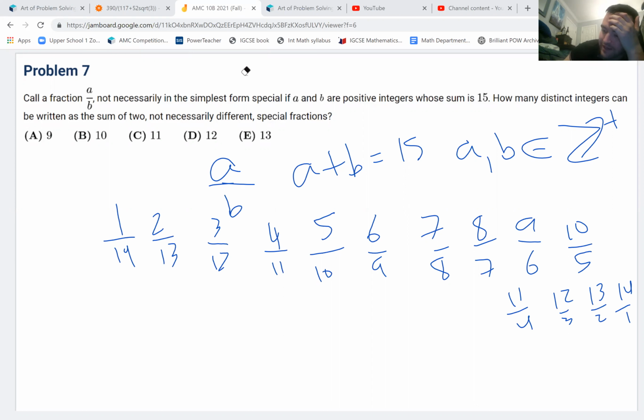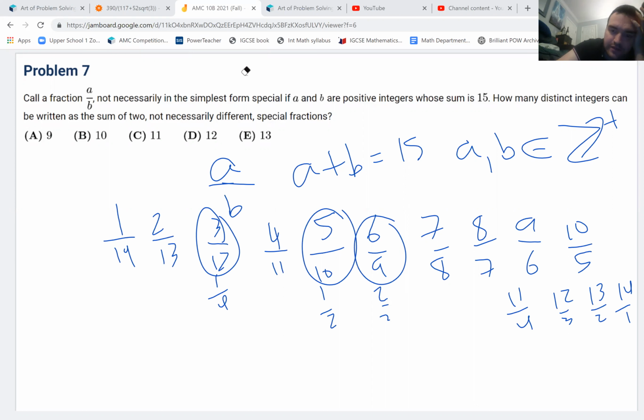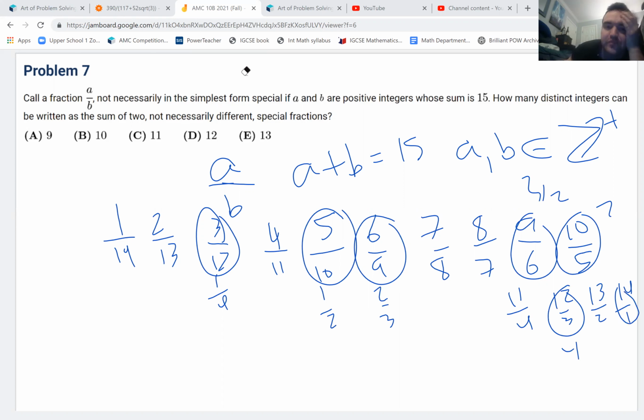And then what you can do is simplify some of them. Like this is 1 over 4, this is 1 over 2, this is 2 over 3, this is 3 over 2, and so on. Now, essentially what it comes down to is finding combinations of these that give you a positive integer. You kind of have to use logical thinking to see which two denominators can be added together that will result in an integer.